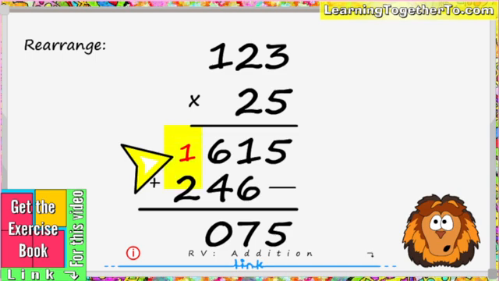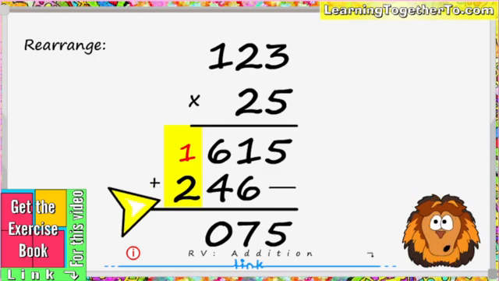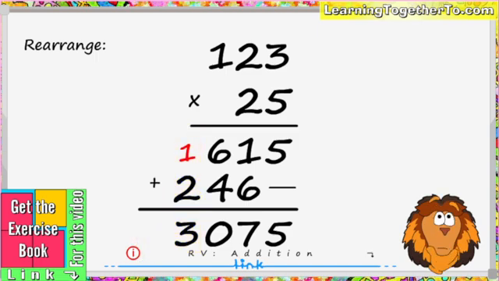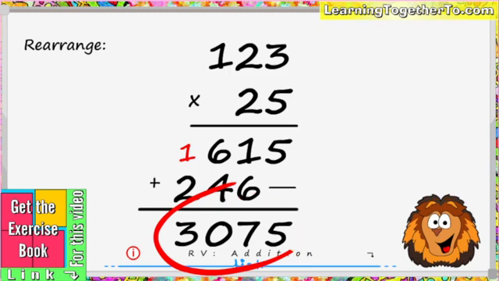Eric, 1 plus 2 is equal to 3. Well done, Eric. We write our result below the line under the numbers we just added. Our answer is 3,075. Excellent, Eric. I think you've got it.